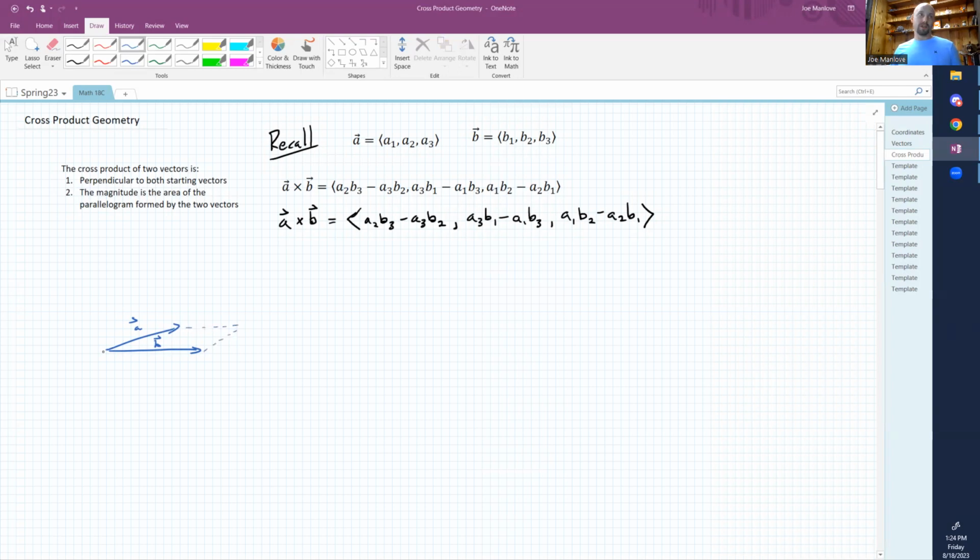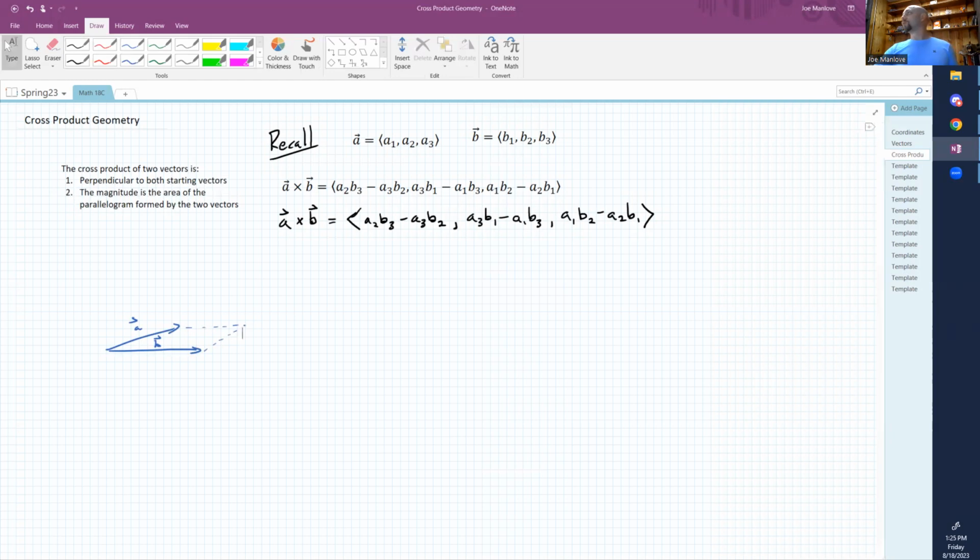So the vector that goes from the beginning over here to this kind of meeting point over here, that's the vector A plus B, right? So this is me laying the vector B tip to tail with A and me laying the vector A tip to tail with B. So I've got my two kind of translated sides here, right? I've got a parallelogram. The area of that parallelogram is the magnitude of the cross product.